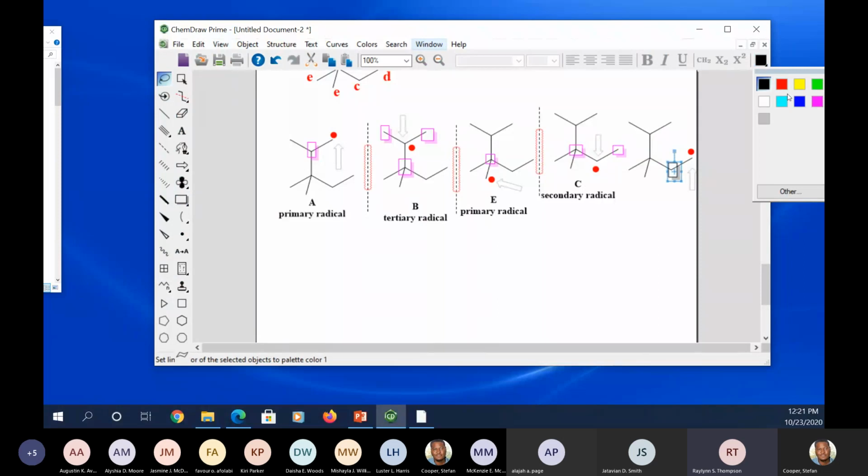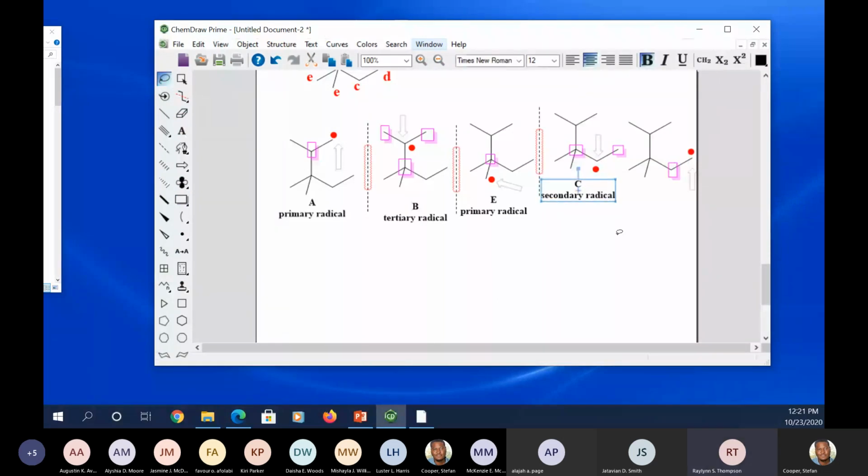Looking at what we just wrote, does that mean B is the most stable and the major product? Yeah, that's correct. It's going to lead to the major product. Wait, which one is that? The more stable radical here. Oh, B. Yeah, tertiary.